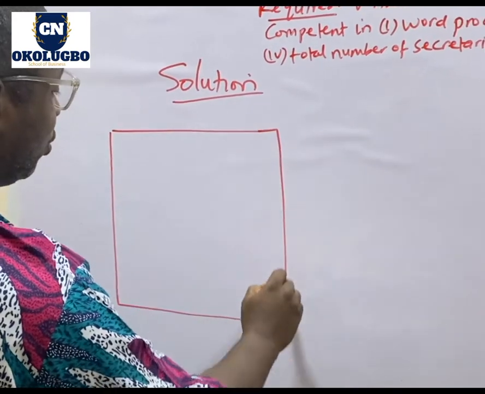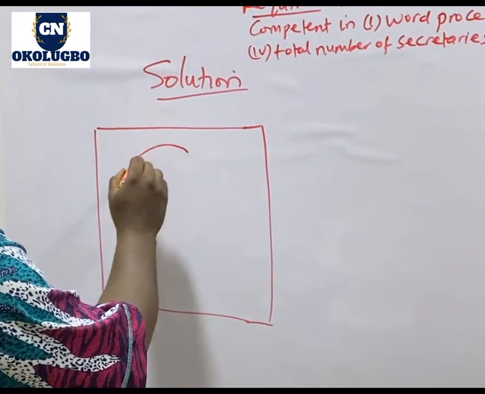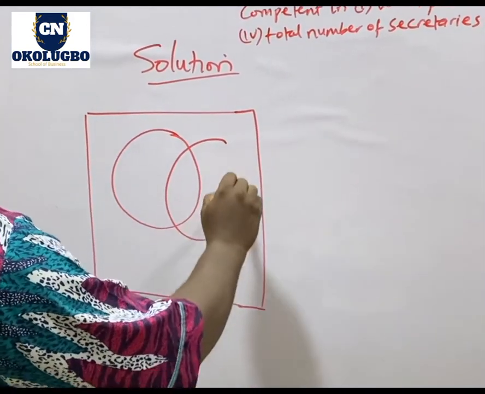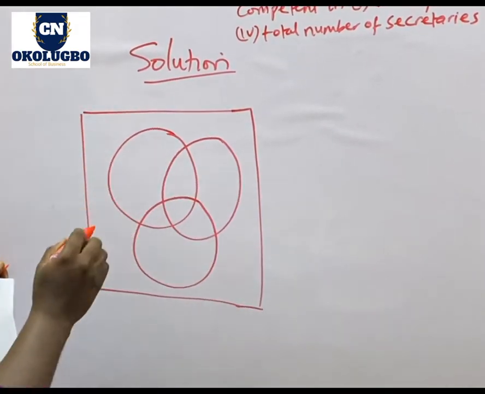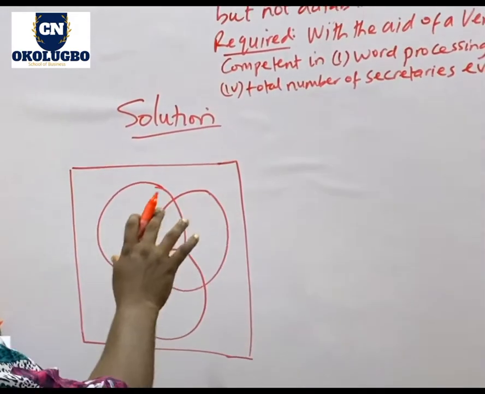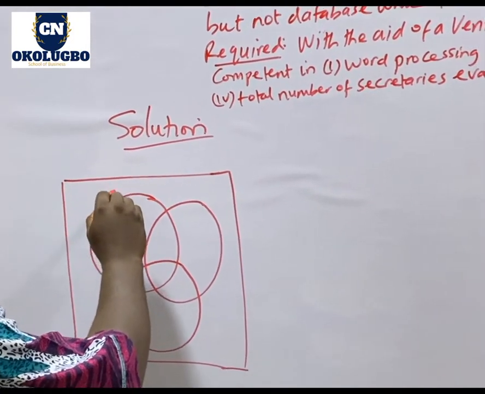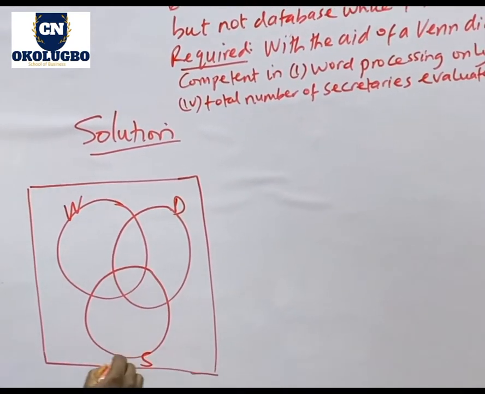That's one of the first things you do in solving set problems: draw a Venn diagram to represent all the thoughts in the question and see where the gaps are. So here we have word processor, here we have database, and here we have spreadsheets.